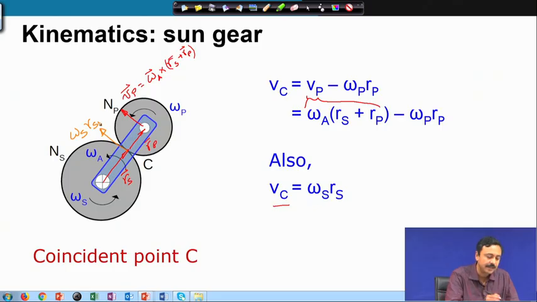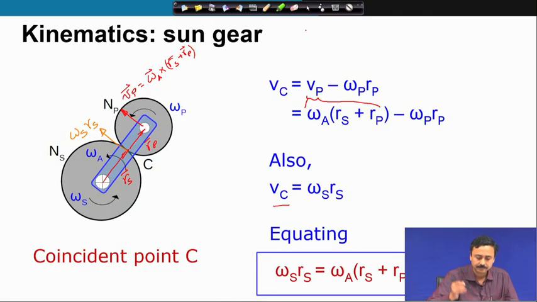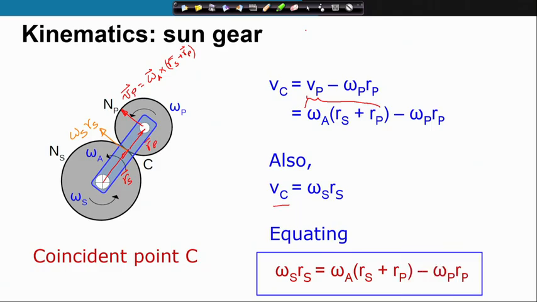So, that is the velocity of the contact when you calculate it from the sun gear side. Now, these two must match because these two pitch circles are in pure roll. If you do that, then omega s r s must be equal to omega a times r s plus r p, minus omega p r p.